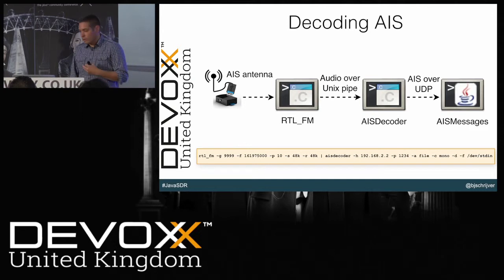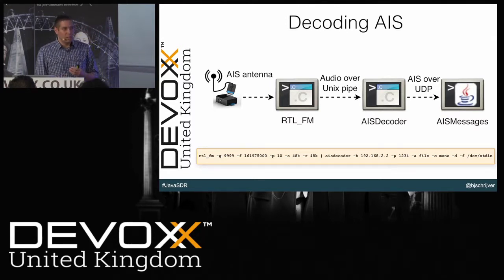So, for example, when you have a ship, you usually have a GPS somewhere in the ship. You have a speed indicator somewhere in the ship, a depth indicator, maybe a chart plotter or a radar. And these devices talk to each other via NMEA. NMEA is a protocol over a serial bus with decoded messages. I'll show them in a minute. And AIS decoder also has the possibility to send the decoded signal, so the plain NMEA messages, over UDP to a UDP socket.